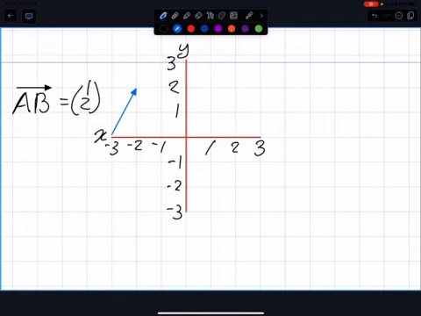You start at -3, at the x coordinate of -3, 0. -3, 0. This is the coordinate.